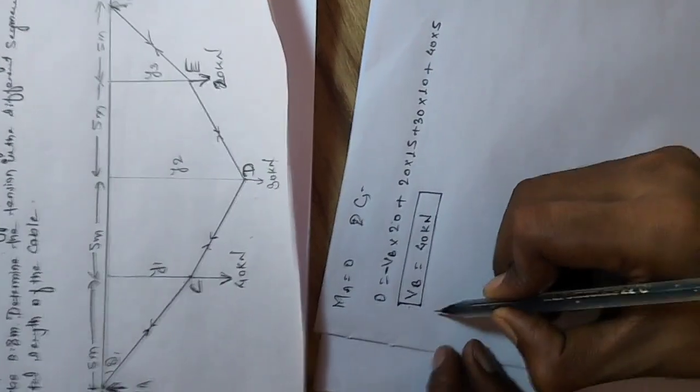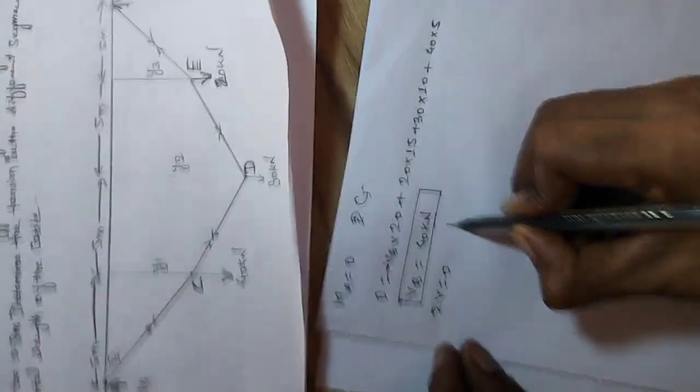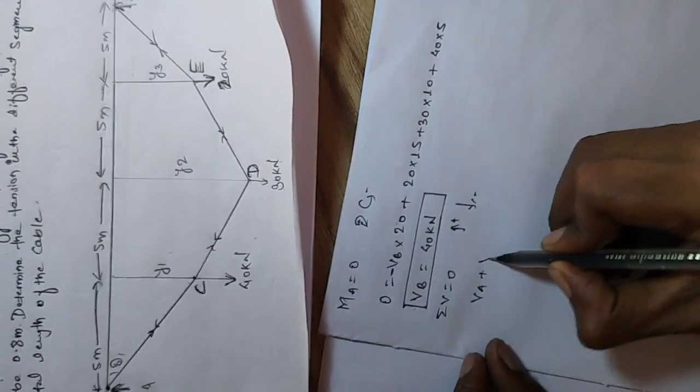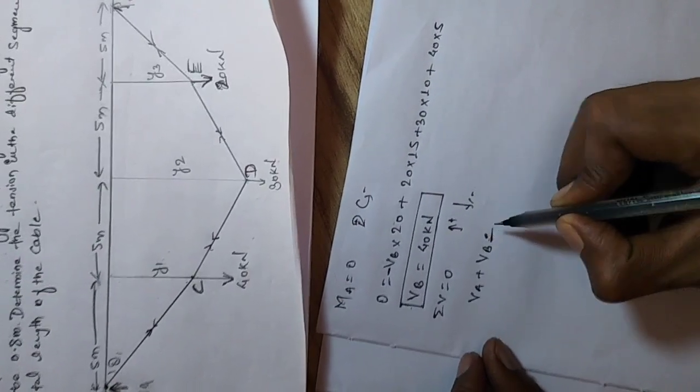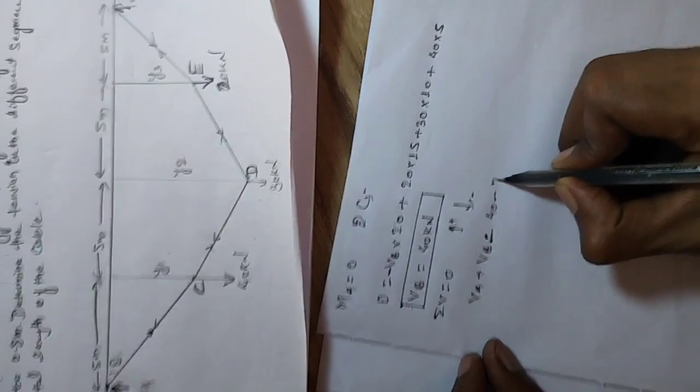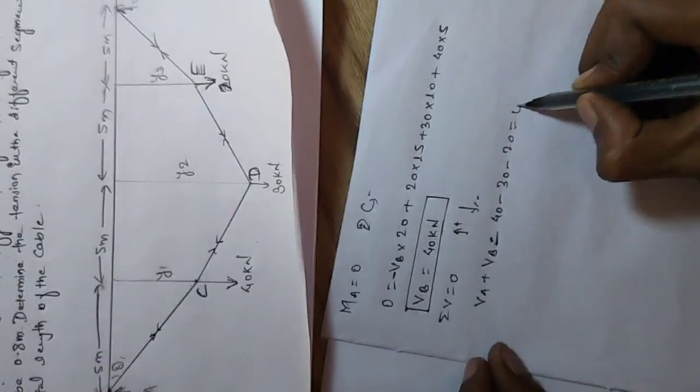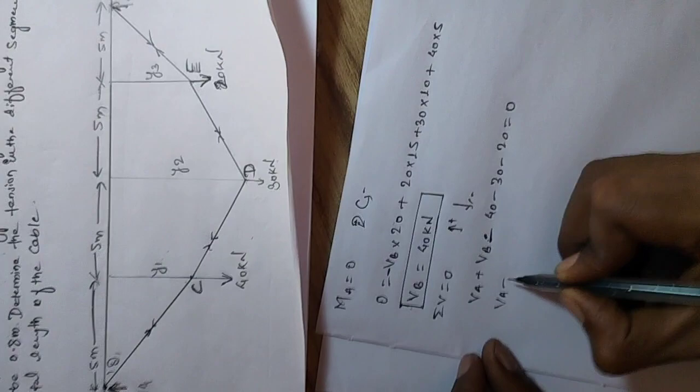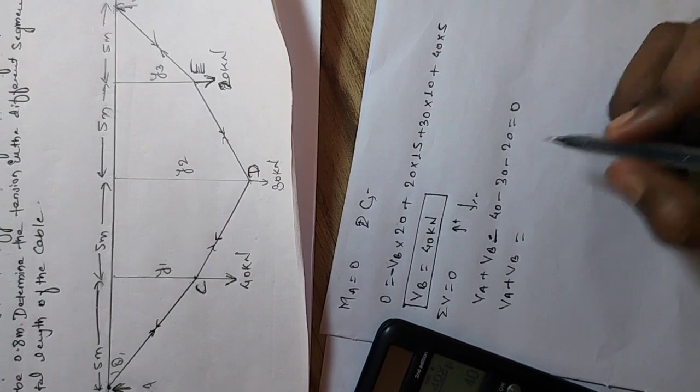Now the summation of vertical forces will be equal to 0. Upward is positive, downward negative. VA plus VB minus 40 minus 30 minus 20 equals 0. So VA plus VB equals 40 plus 30 plus 20, which is 90.